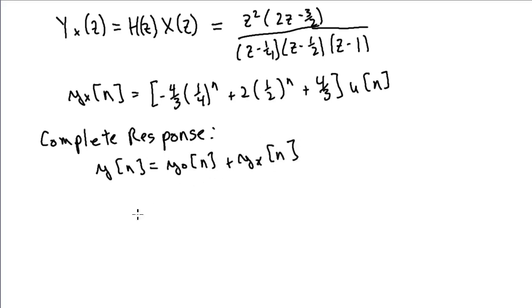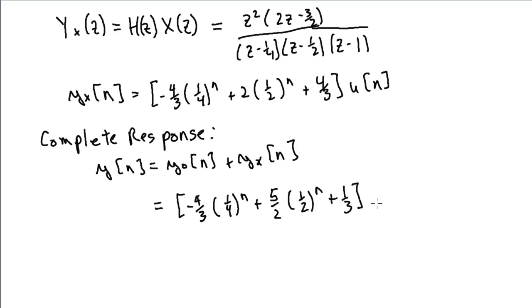And putting all those pieces together and doing a little algebra, I get, as a result for this problem, the output is minus 4/3 times 1/4 to the n plus 5/2 times 1/2 to the n plus 1/3, all times u of n.